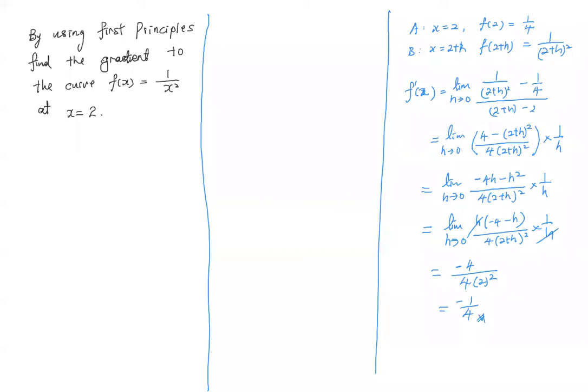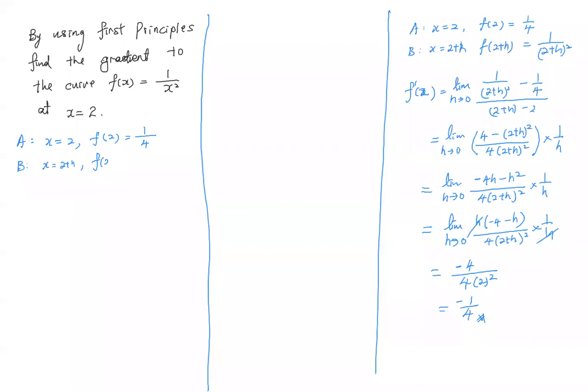How to instruct, what to write? Point A, x equal to 2, so I must find the coordinate of y, am I right? Yes. 1 over 4. Okay, then point B, what should I write my x as? 2 plus h.